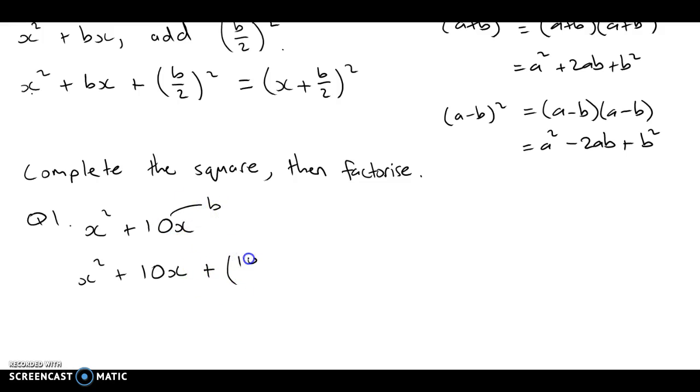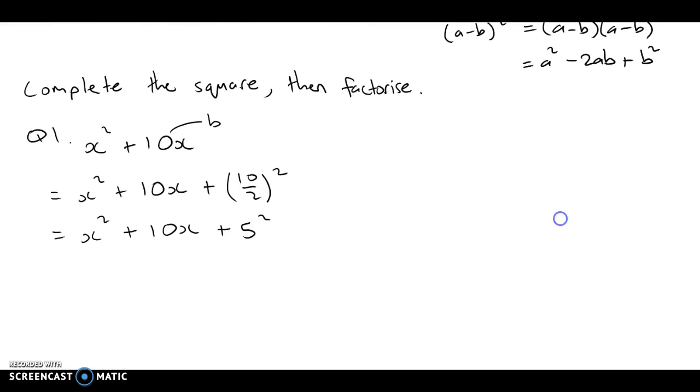Add 10 on 2 all squared, which equals x squared plus 10x plus 10 on 2 is 5 squared, and we can write that out again as x squared plus 10x plus 25. But the question's actually asking us to complete the square, which we've done, and then factorize.